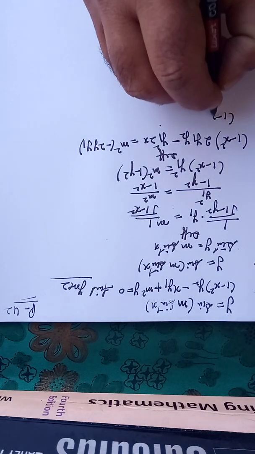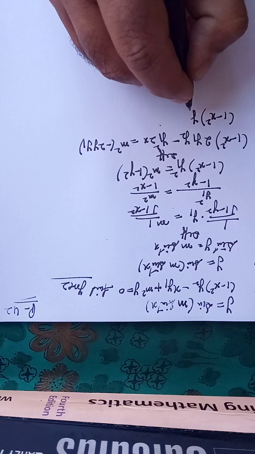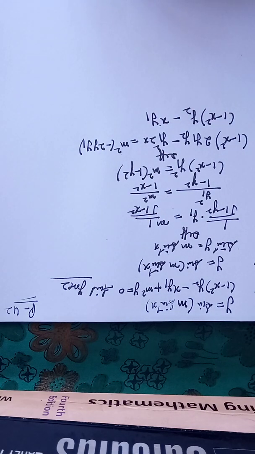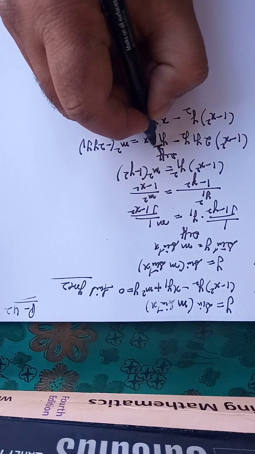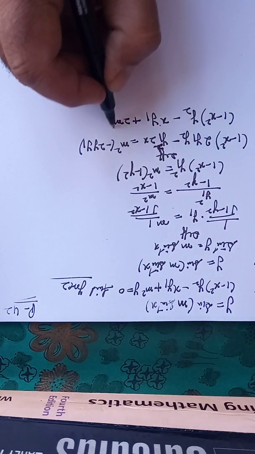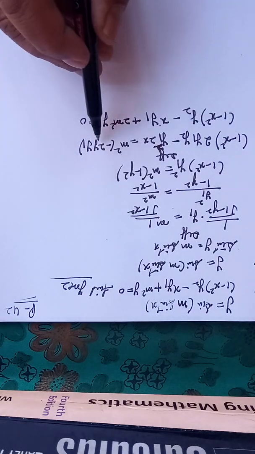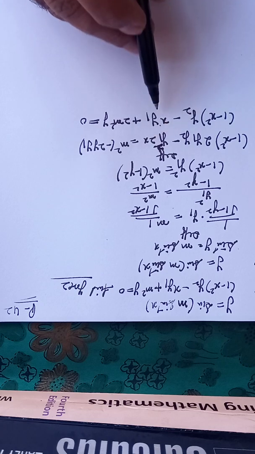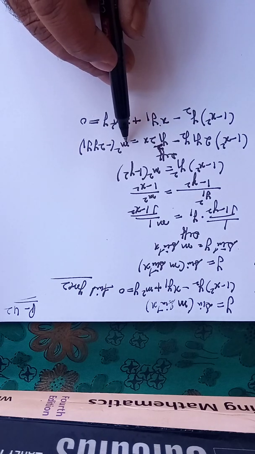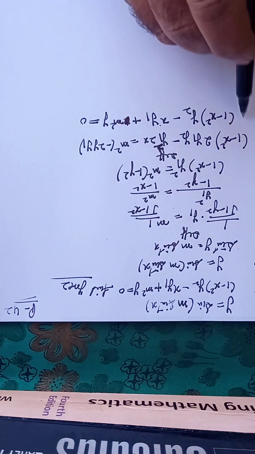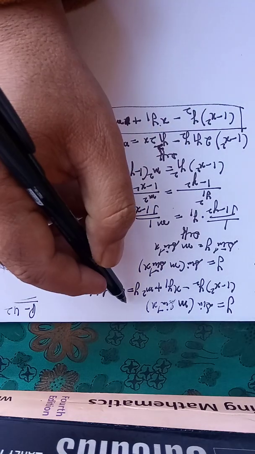So what remains is 1 minus x square y2 minus xy1 plus m square y equals 0. 2y1 cancels out, it is xy1 over here, and this is minus 2 minus m square y, 2 cancels out, so plus m square y. This is it. This was what I was supposed to show.